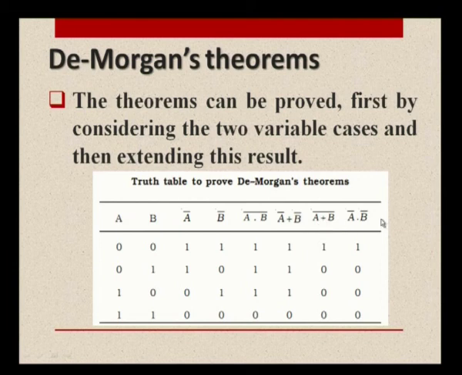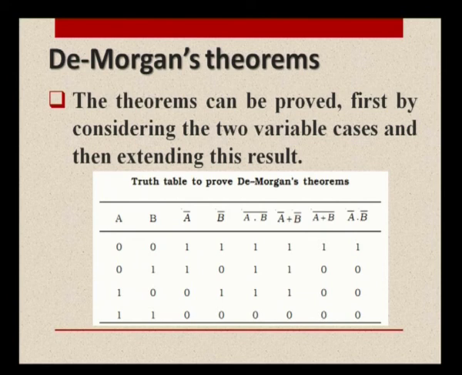Similarly, the last two columns, A plus B the whole bar, here the plus is OR, that we have to keep in mind. For A plus B the whole bar we take the output, and the output for A complement and B complement, for that expression when we take, these two outputs are the same. So, this proves the second theorem. From the truth table, we could very easily prove the two De Morgan's theorems.